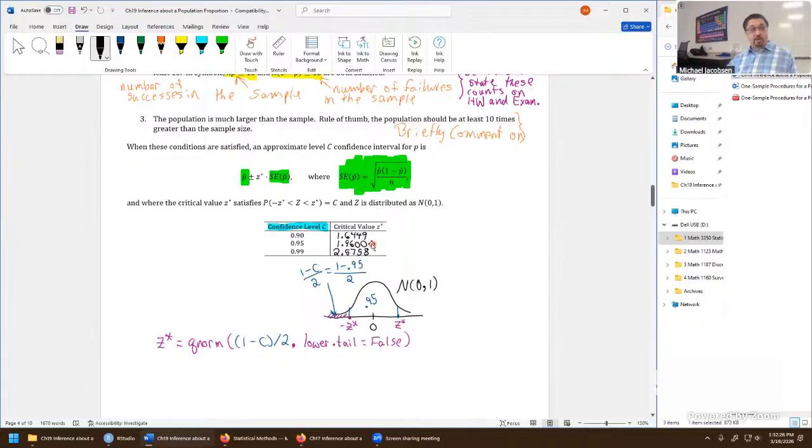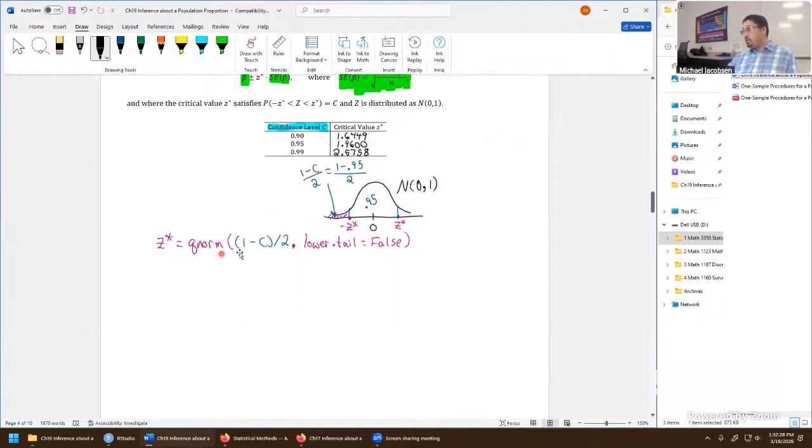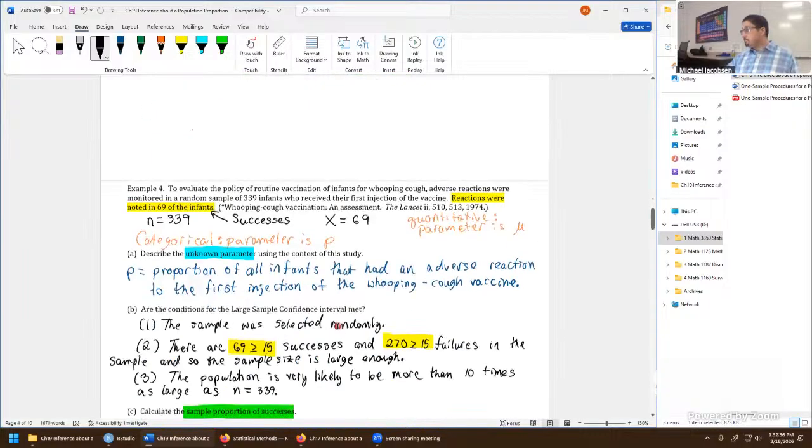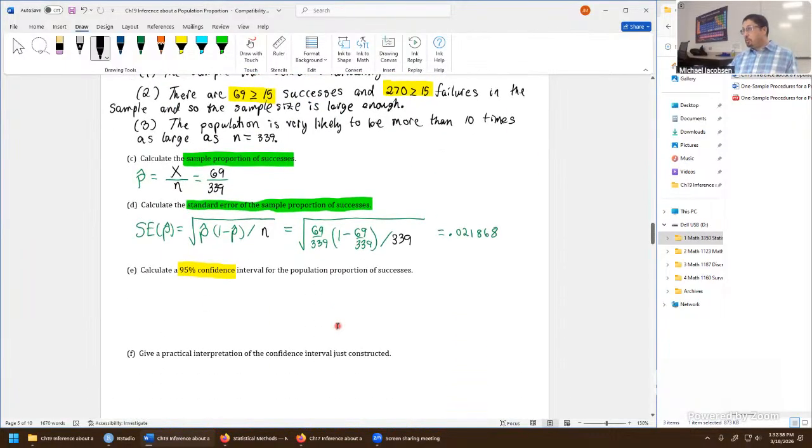Or you can just put in 0.95 right here for C. We'll probably do that in the next problem and compute it directly if you want more accuracy. So I'll go with the route of just stating Z star here. Z star is 1.9600.